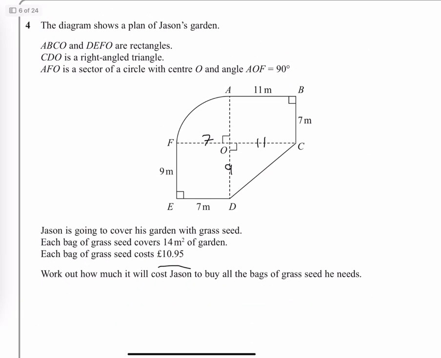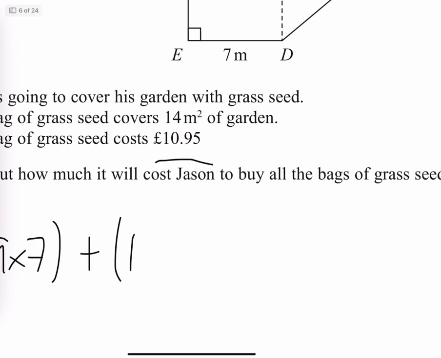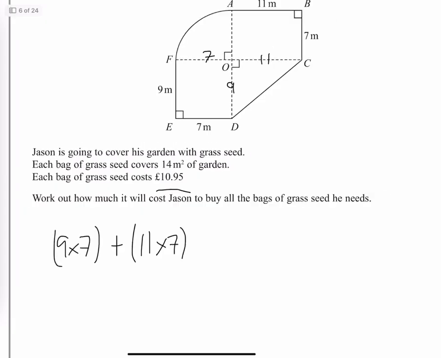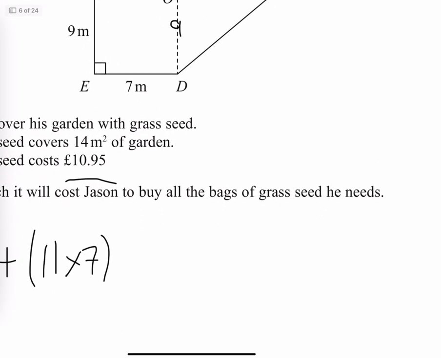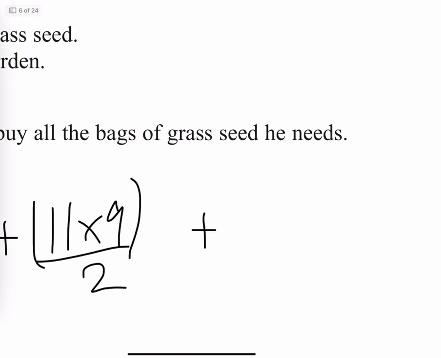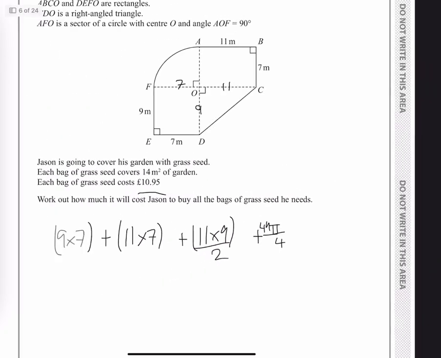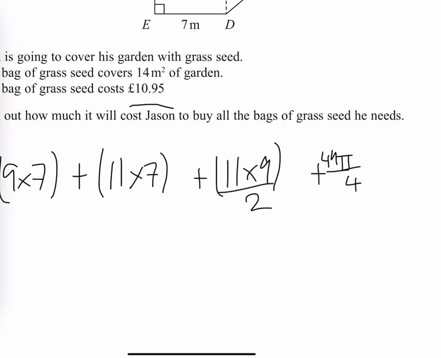Well, it's going to be 9 times 7 plus 11 times 7. And then to do the triangle, that will be 11 times 9 over 2. And then the quarter of the circle will be pi r squared over 4, which is 49 pi over 4. And we add that all together to get the total area.